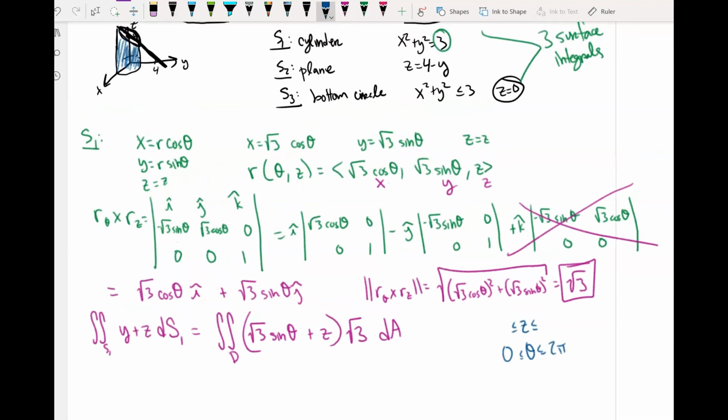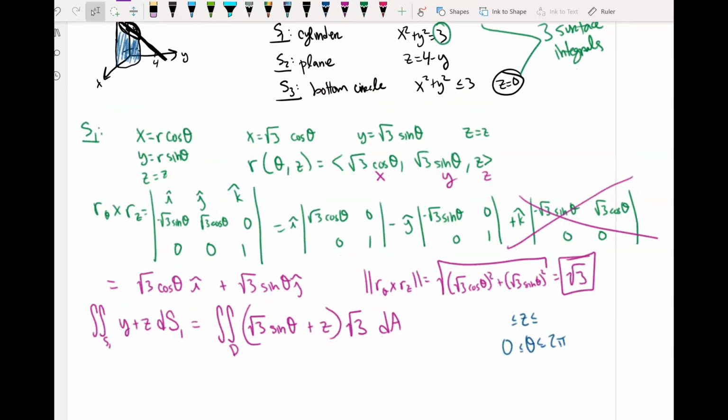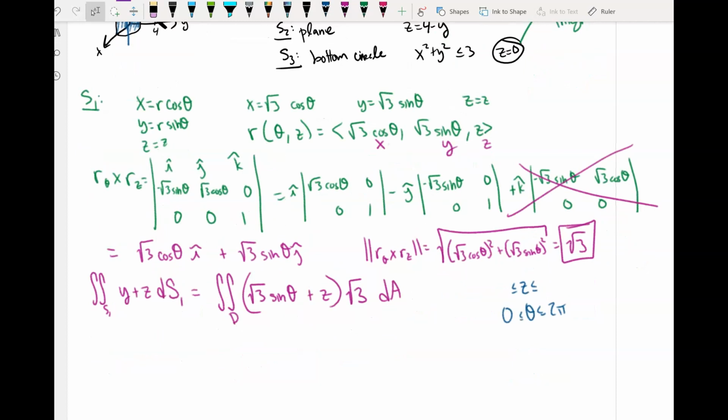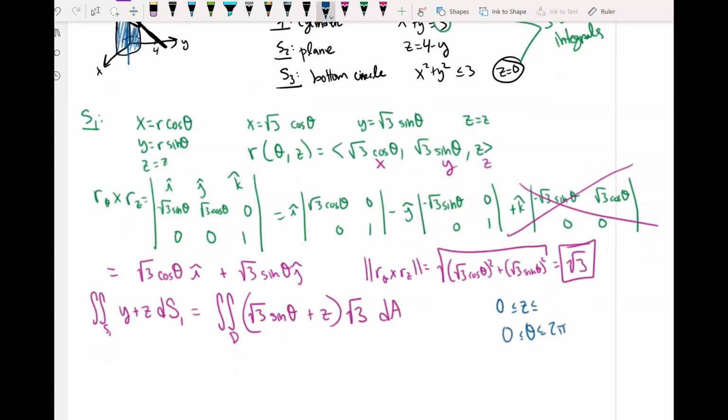But z, you can see z starts from 0 and goes all the way to this plane. So z starts from 0 and goes all the way to the plane 4 minus y. But we know what y is. y is just square root of 3 sine theta.